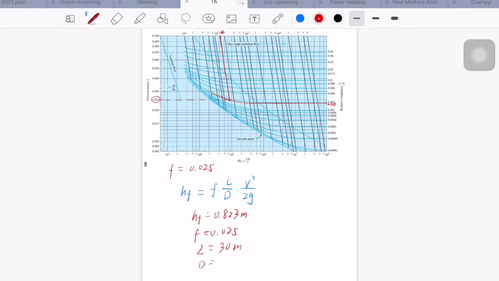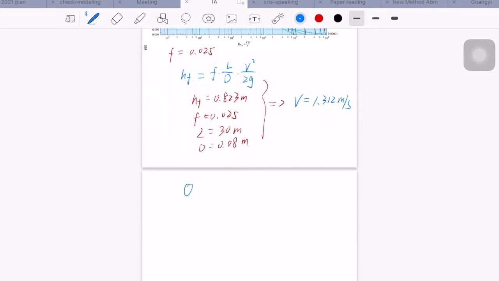The D is 0.08 meters. So we can determine that the V is 1.312 meters per second.